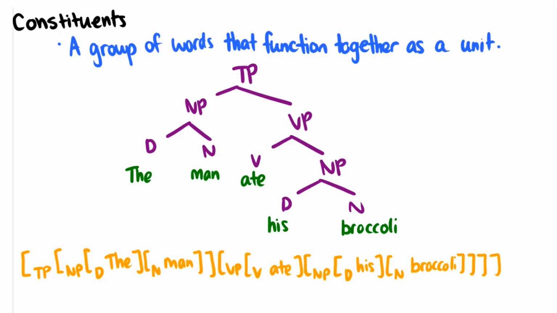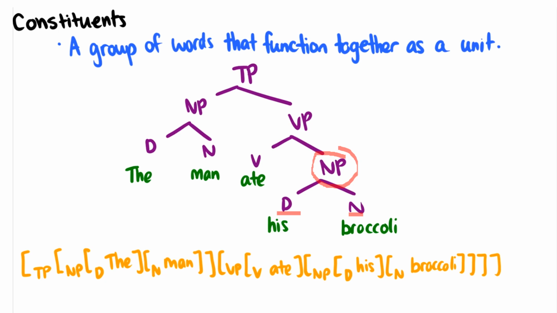If you look at the tree, you can identify the constituents in a tree by just picking up a node and seeing what comes with it. So if we pick up this noun phrase or NP, we have this determiner his and noun broccoli. So that is a constituent.